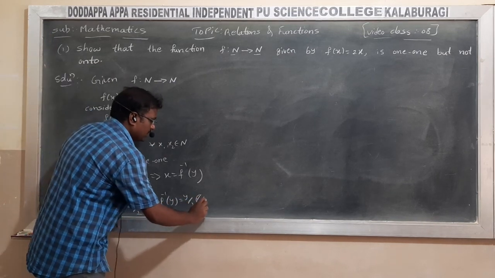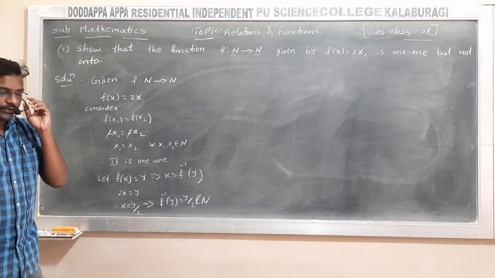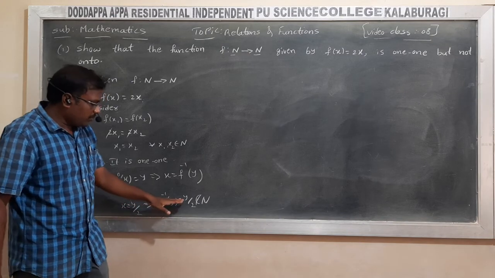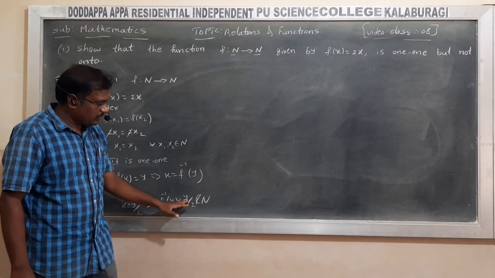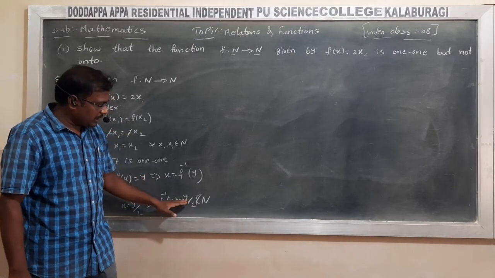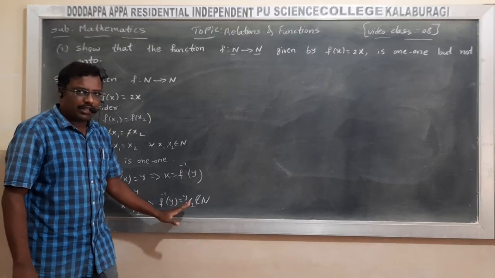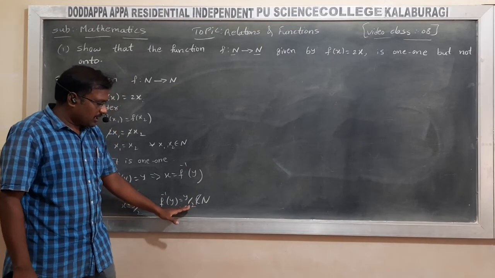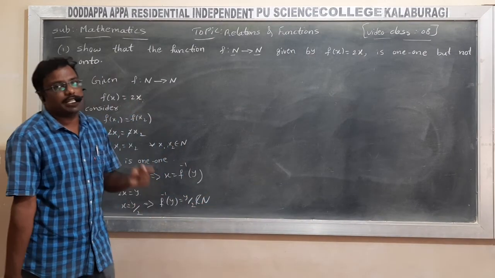So that's why it is not an onto function. Once again I will repeat. If you put y equal to 1, we get 1 by 2. If you put 2, 2 by 2 means it should be 1. 1 is a natural number. If you put 3, again it is not onto. If you put 4, it belongs to natural numbers. So here, what is given? Natural numbers.